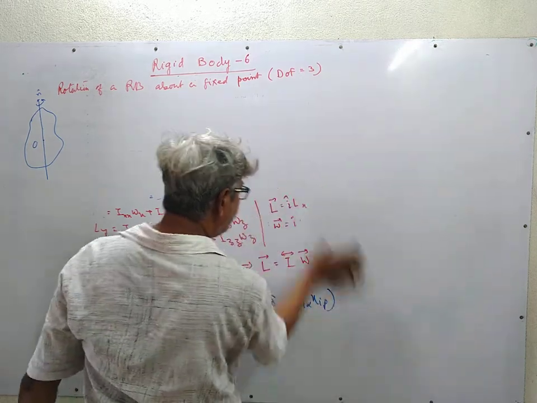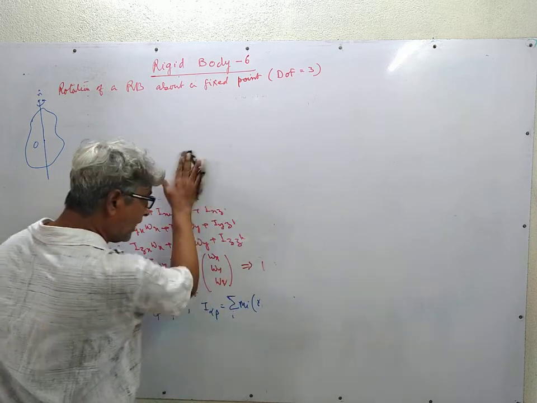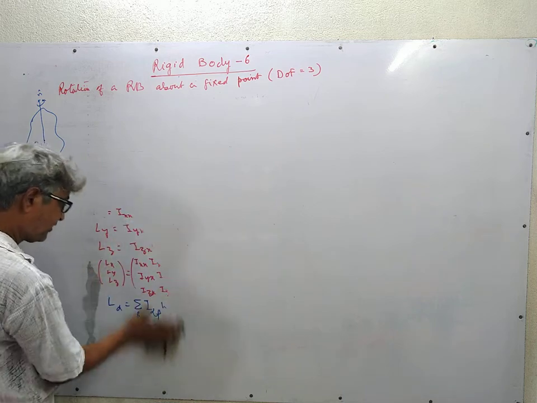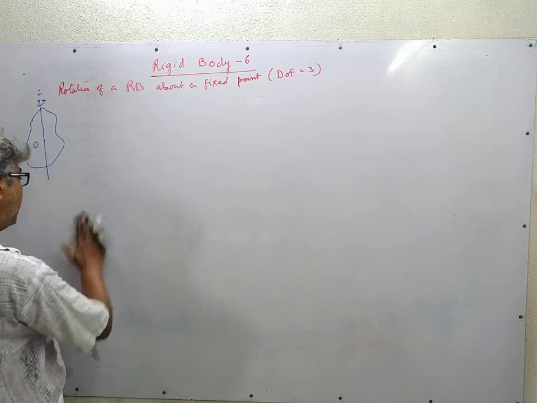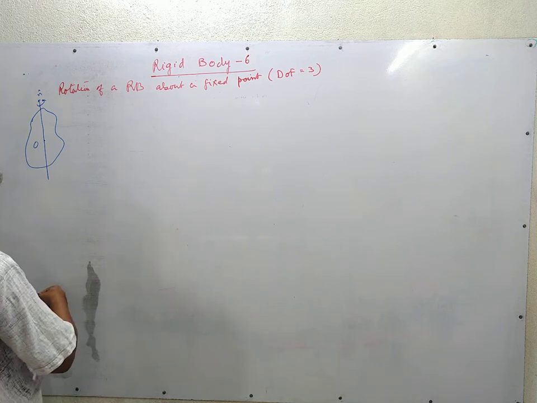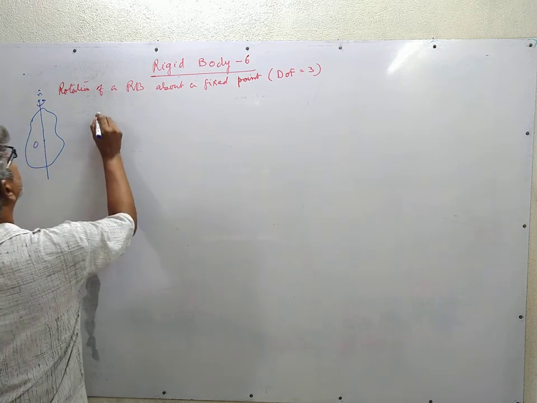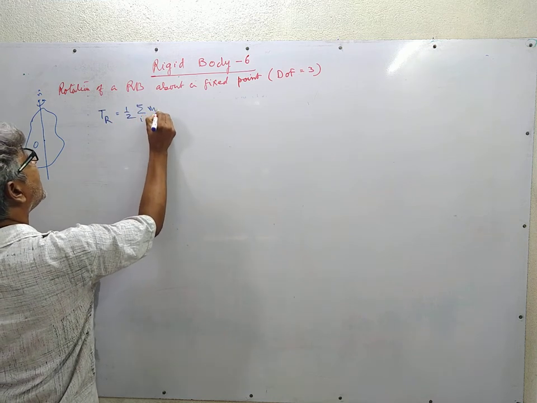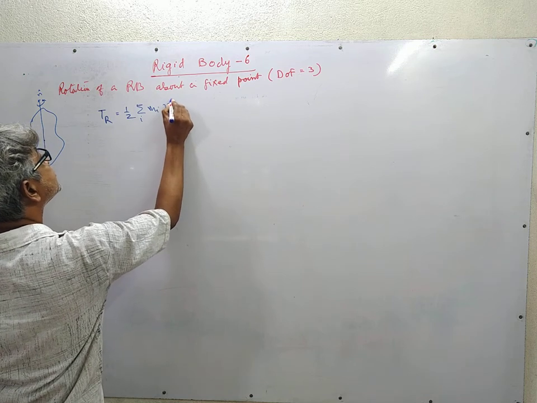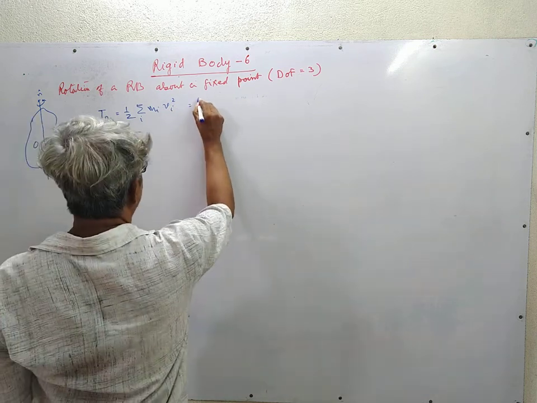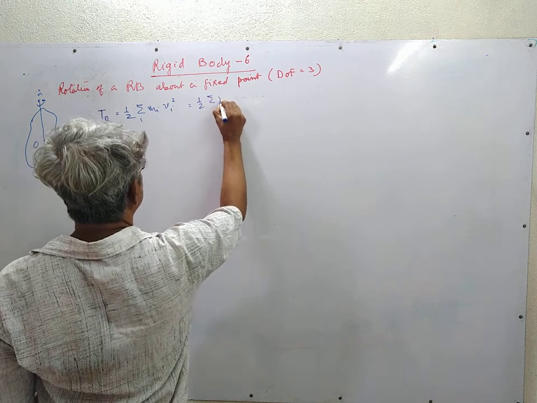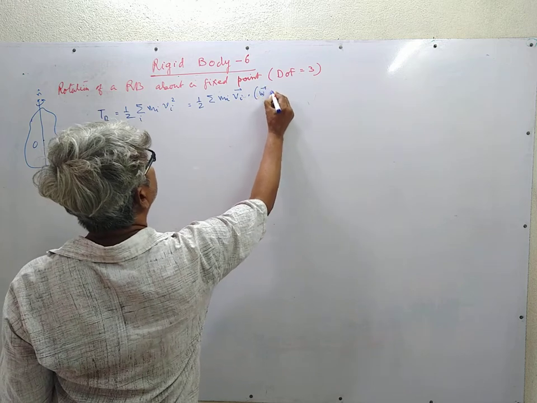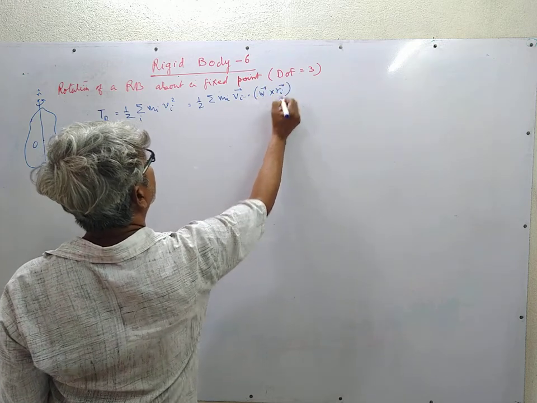So the kinetic energy of a rigid body rotating about a fixed point has only the rotational contribution, and we write it as Tr is equal to half summation over i of mi vi squared, which we write as mi vi dot vi, and for vi we write omega cross ri.